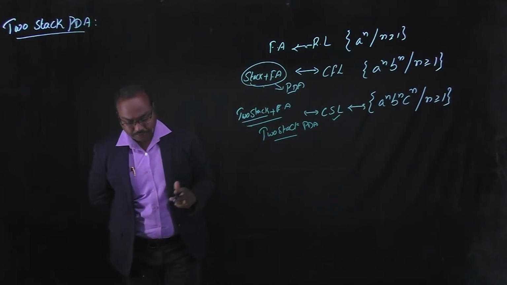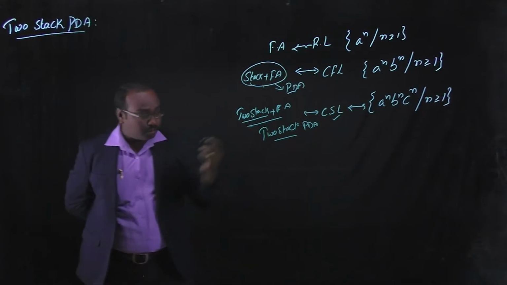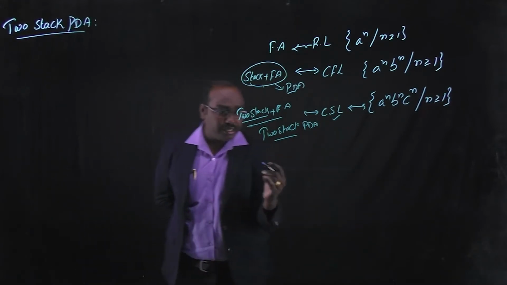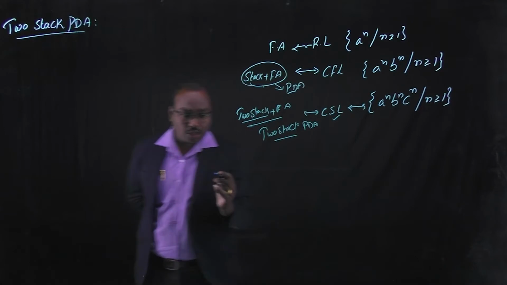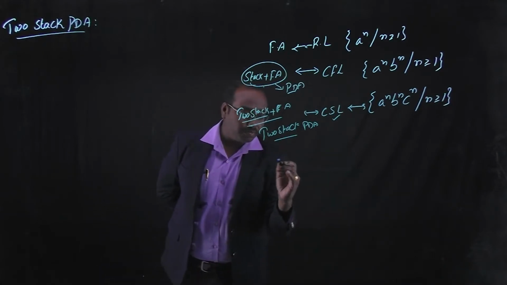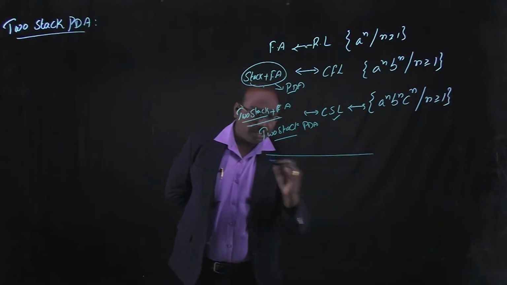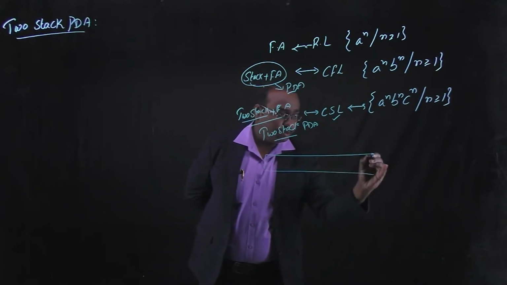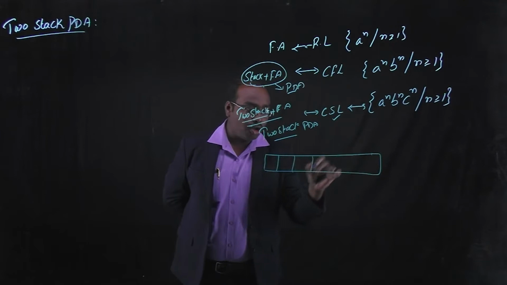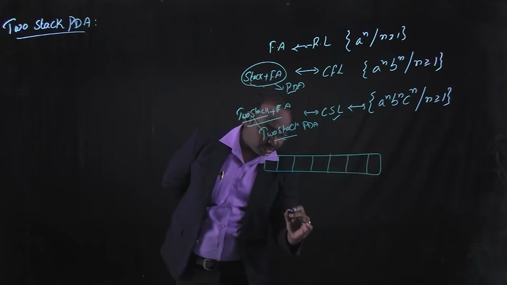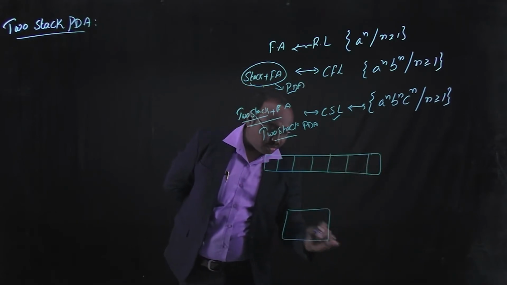Now, what are the state transition diagrams, and how do we accept input? I will draw the diagram. This is the input tape. The input tape is divided into different blocks, and this is my finite control machine.